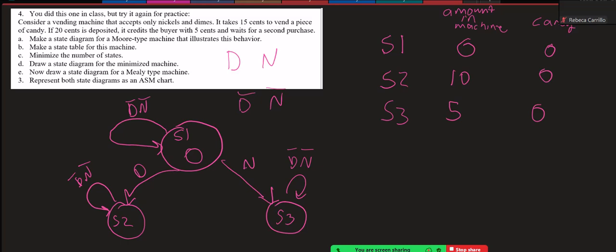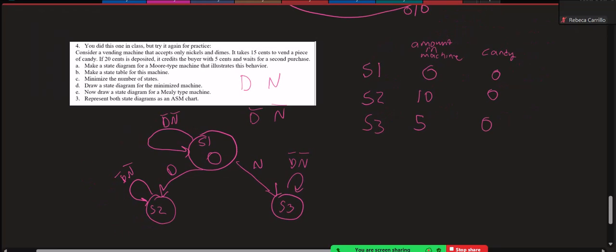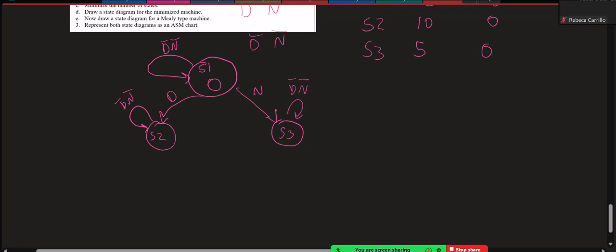All right, where should we go from here? For the dime, you split up into dime and nickel, because you're not at 15 for either one. You can either get a dime or a nickel, because you're not at 15 yet.